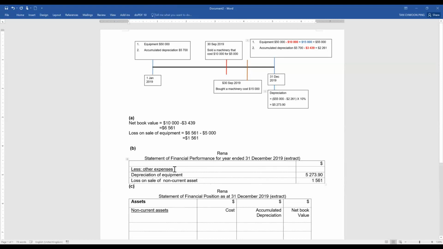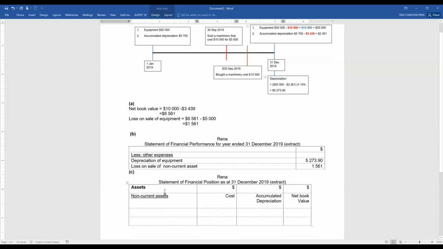And lastly, for part C, we are supposed to prepare a financial position, which we need to prepare a 3-column for this because for non-current assets like equipment, we will need to value them at our net book value. So how to get the net book value is by putting in the cost.